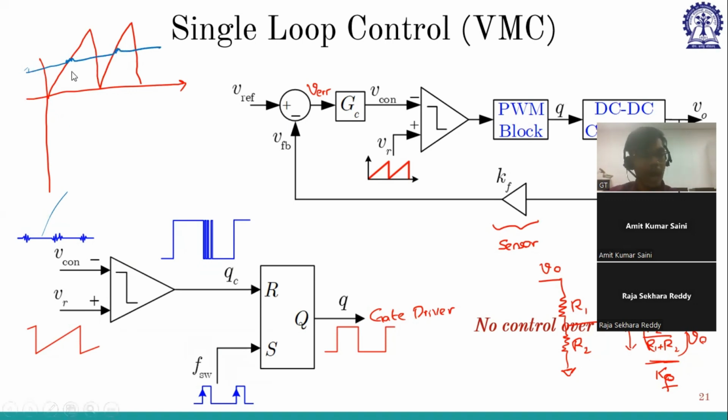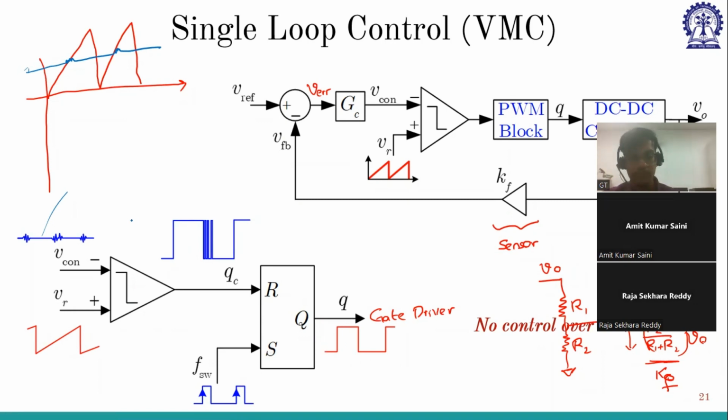The comparator output will have noise, because if VCon is more than VRamp, then output will be 0. If VCon is less than VRamp, then output will be 1. So whatever reset signal we receive will have this noise. Yes, you are right. But whatever Q we are having, it will be pure.